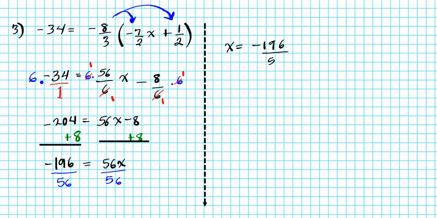Now let's see if we can reduce this. Well, it's even, so we can definitely divide by 2. How about 4? Well, it looks like 4 can go into it too, so let's divide top and bottom by 4. See what happens.